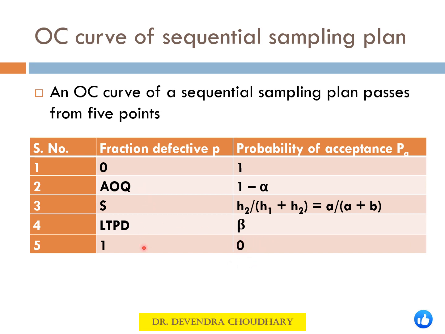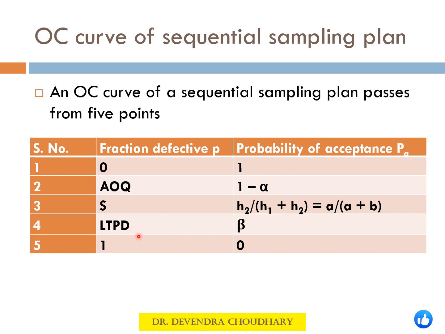This should be AQL, acceptable quality level, please correct it. At AQL we have probability of acceptance equal to 1 minus alpha, as alpha is the probability of rejection at the AQL level.